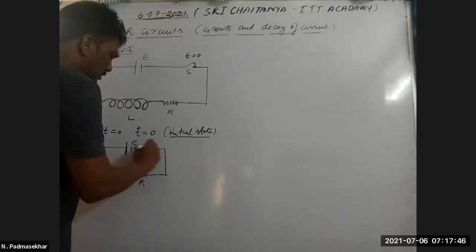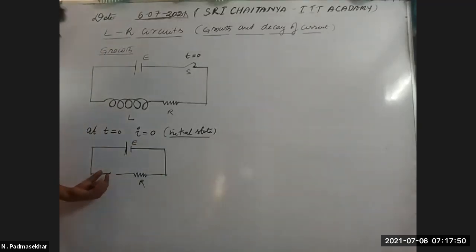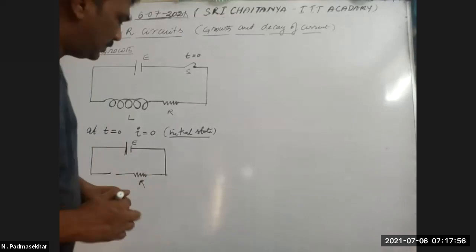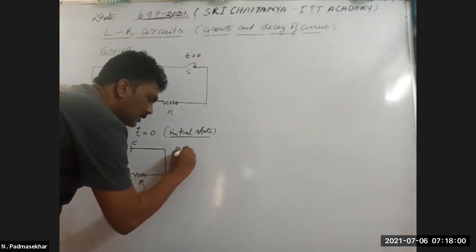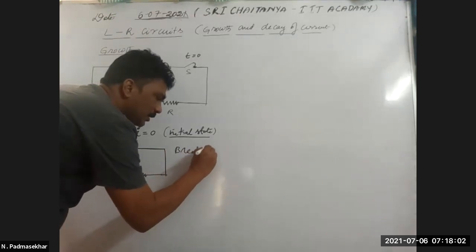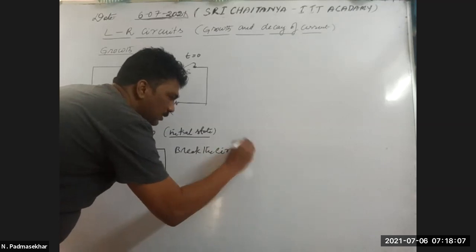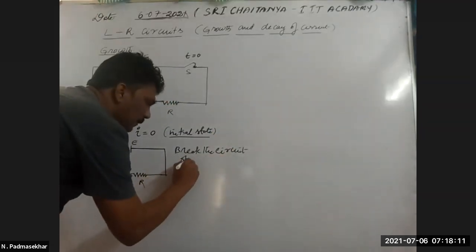This state is break the circuit. We also said break the circuit and short circuit for capacitors in RC circuits. So at t is equal to 0, this state is break the circuit, which means it is an open circuit.